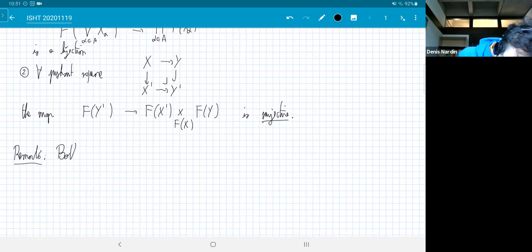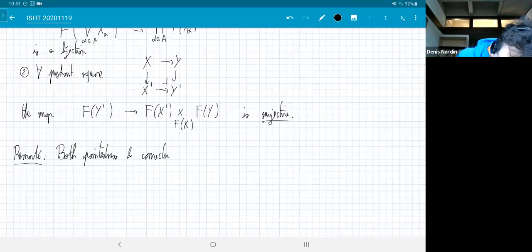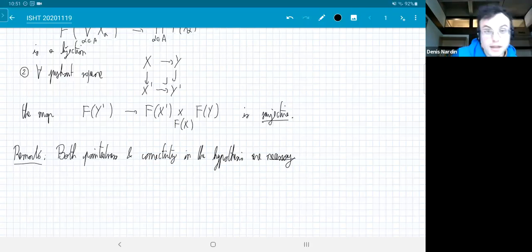Both pointedness and connectivity in the hypothesis are necessary. There are counterexamples of functors satisfying 1 and 2 that are not representable if you don't assume them.